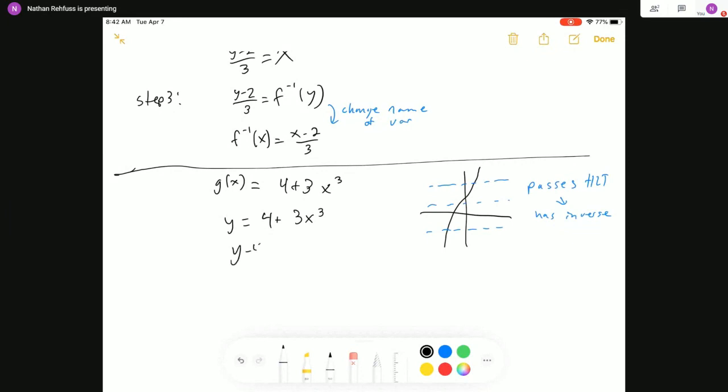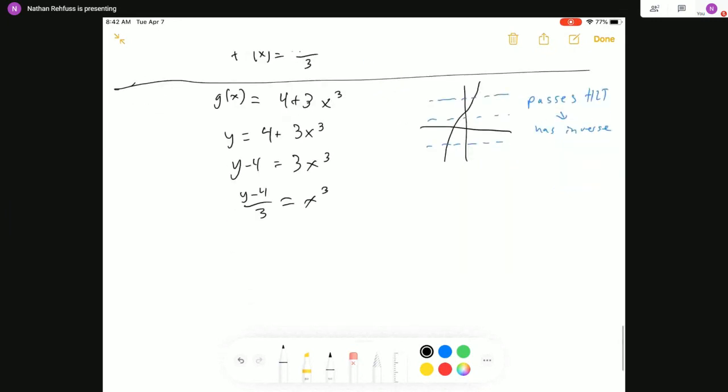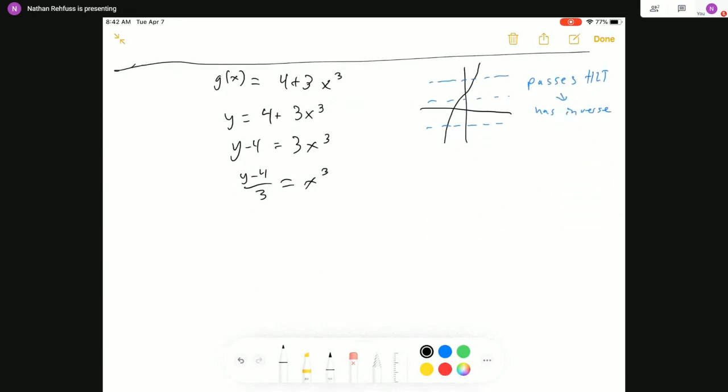This is just like solving an equation. You already know how to do this. Next, I can divide by 3. And finally, if I want x by itself here, I need to take the cubed root of both sides. I take the cubed root of both sides, and now x is by itself.